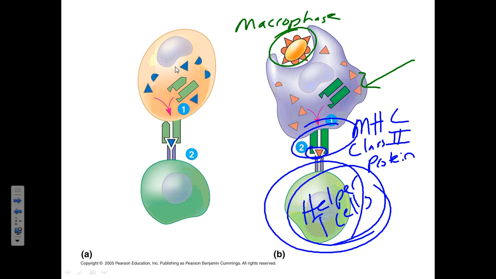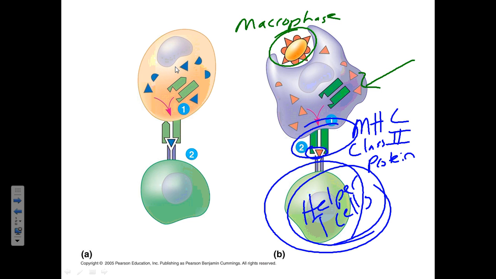And basically, this macrophage is showing that helper T cell what this germ looks like. And then what will the helper T cell do once it gets activated and becomes aware of the germ? It sends out all kinds of signals to all parts of your immune system, and it activates them.